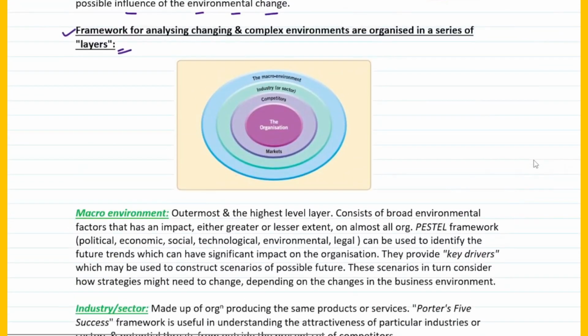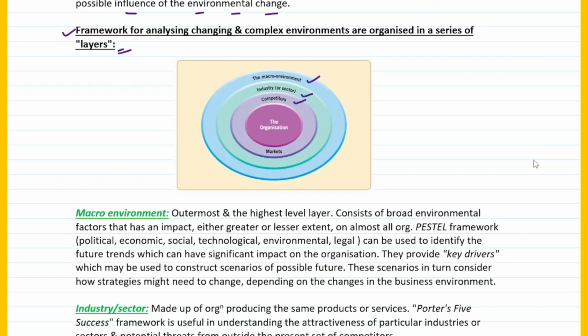These layers are, first, the macro environment. What is macro environment? The bigger picture within which the organization is operating. Then the industry in which the particular organization is operating. Then you have the competitors with which the organization needs to compete, who are the primary threats because they have the same product or render the same services as your business.